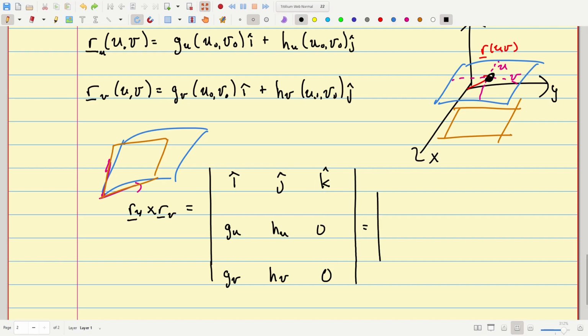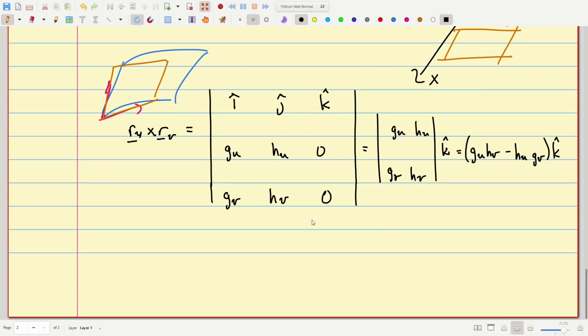And so what we end up with is this determinant times K. And then we have that expression here. Okay. This is what we are going to call the Jacobian.